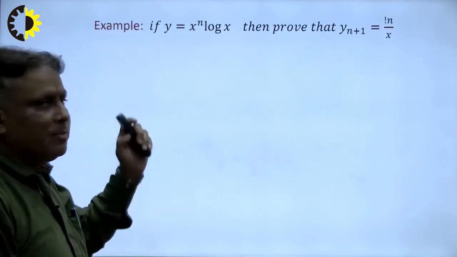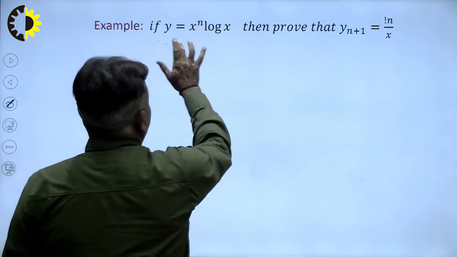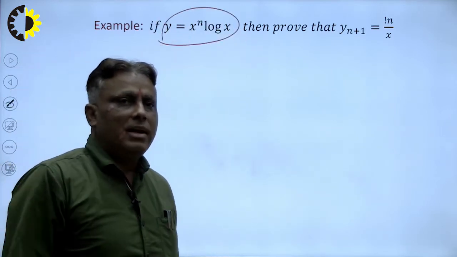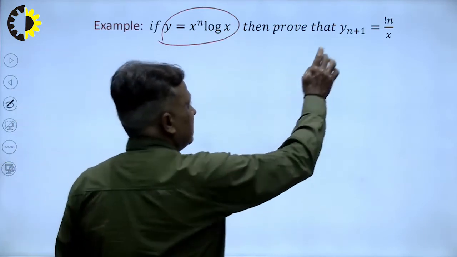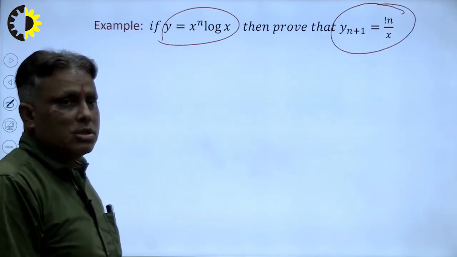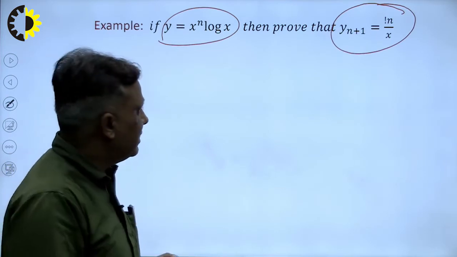Another very important problem: if y is equal to this, there are two functions, one is x raised to the power n and another is log x, right? Then prove this result. What will be the meaning of this result? How do we detect how many times we differentiate here?